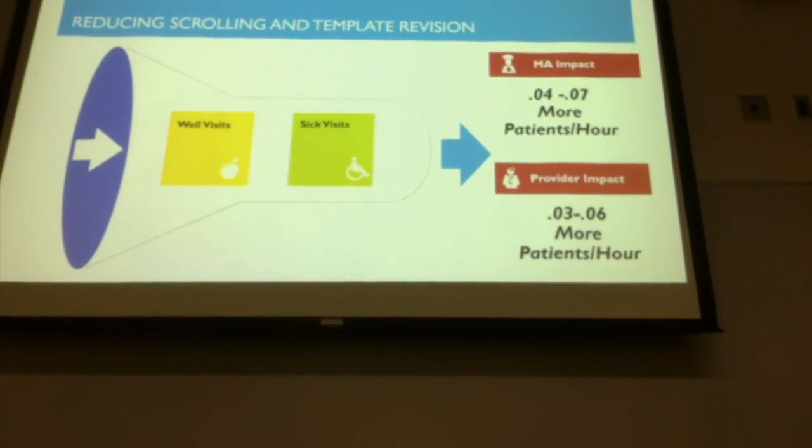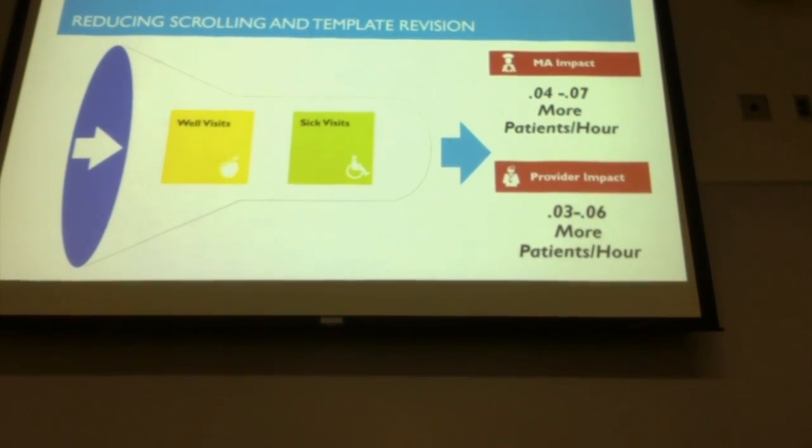And for total process system impact, 0.04 to 0.07 more patients per hour for MAs, and 0.03 to 0.06 more patients per hour for providers.